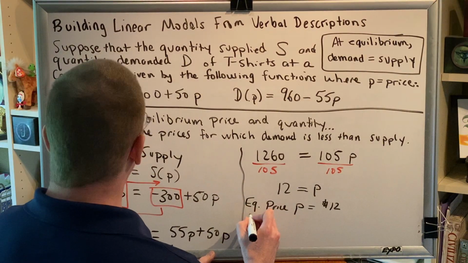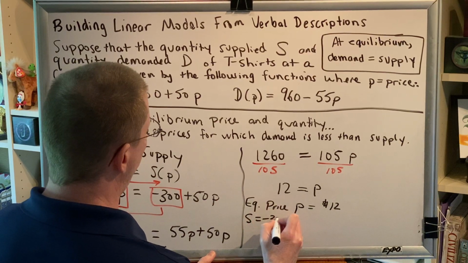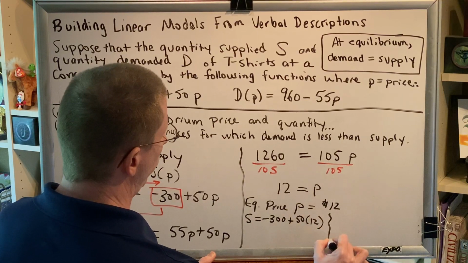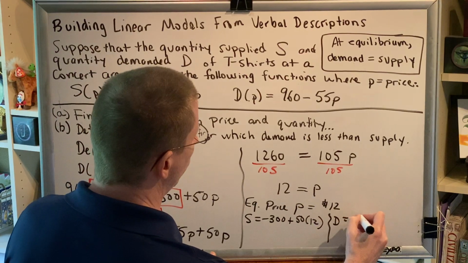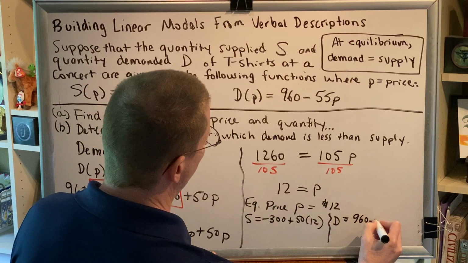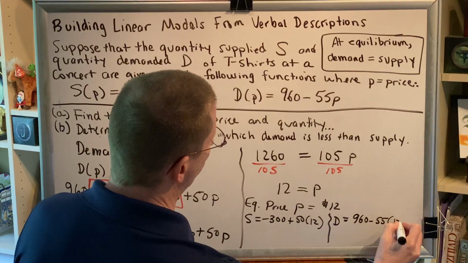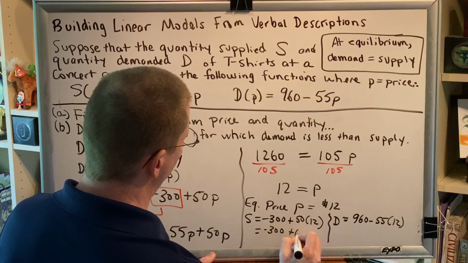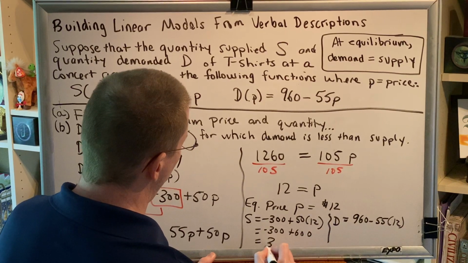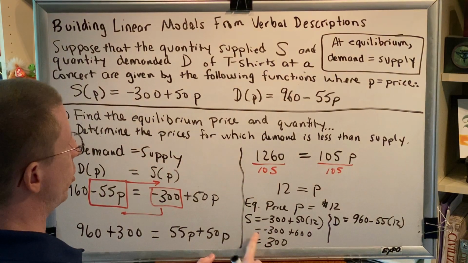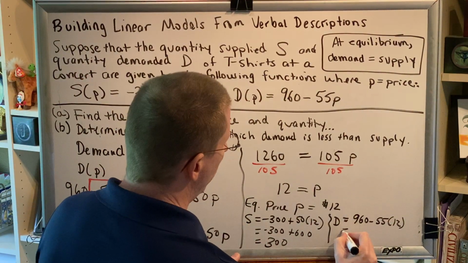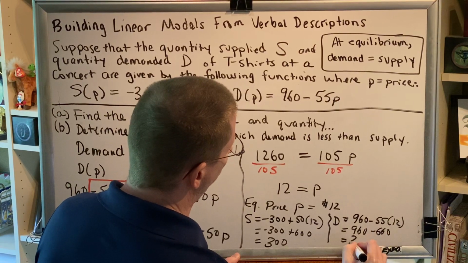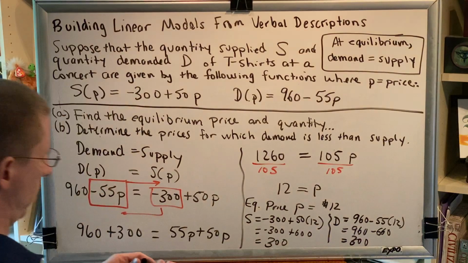So for example, the supply is equal to negative 300 plus 50 times 12. Or if you prefer, the demand is equal to 960 minus 55 times 12. So this is negative 300 plus 600, which is 300. So the number of t-shirts supplied is 300. This is 960 minus 660, which is equal to 300. The number of t-shirts demanded is 300.